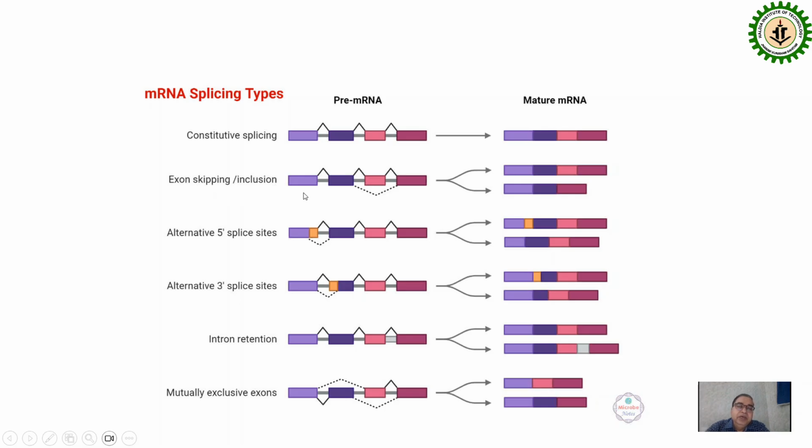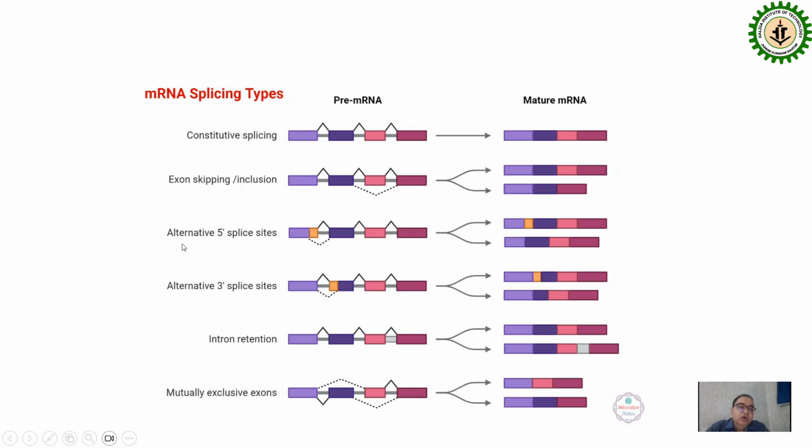Here there are exons 1, 2, 3 and 4, and you can see that exon 3 has been skipped. So exon 1, exon 2, then exon 4. That means it results in a truncated protein with only 3 exons.